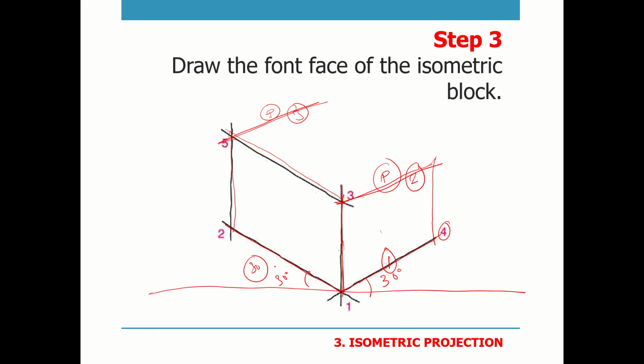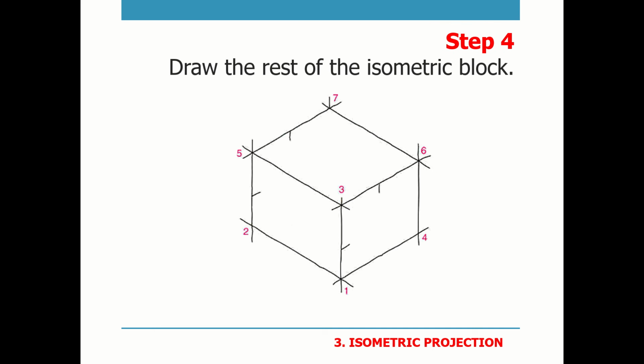How do we do that? We have already drawn one line here in this direction, a 30 degree line. We have drawn another 30 degree line in this direction, the same parallel line here. So that's how we complete isometric drawings.